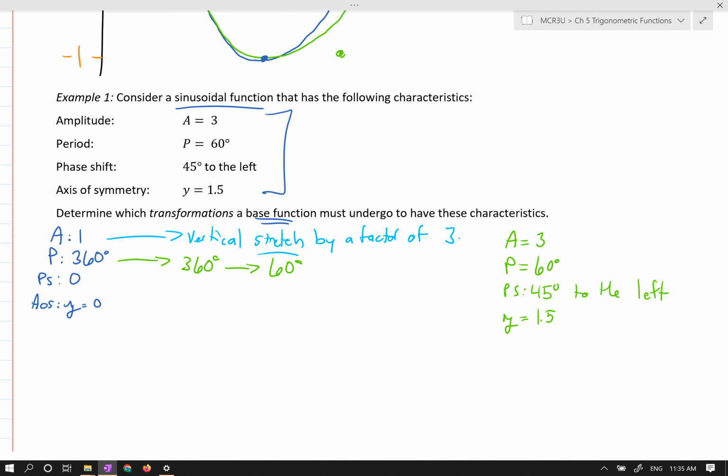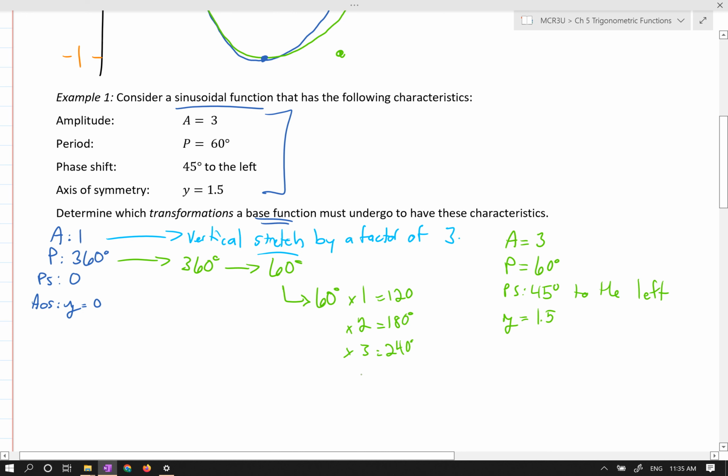Now 60 degrees, if I think about that, okay, 60 degrees times 1 is 120 degrees, times 2 is 180 degrees, times 3 is 240 degrees, times 4 is 300 degrees, and times 5 is, you know what, where did I make a mistake in here?